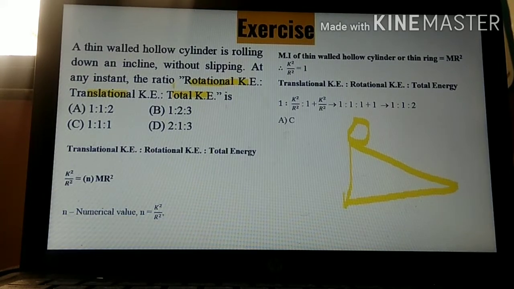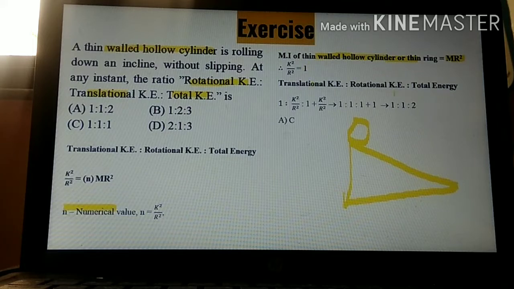Okay, first of all we should know what is the formula for a thin walled hollow cylinder. The moment of inertia of a thin walled hollow cylinder or a thin ring is mr square. Mr square means nothing is over here, 1 is over here. So what does it denote? The numerical value n, that is k square upon r square, is equal to 1.